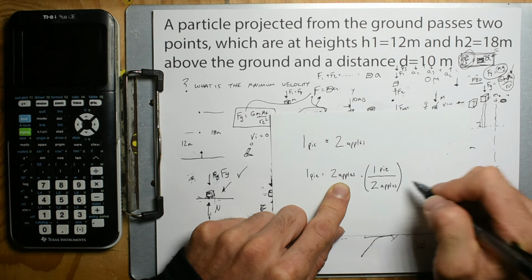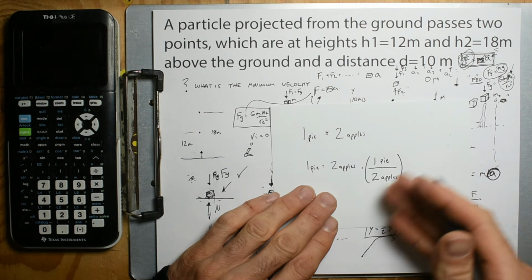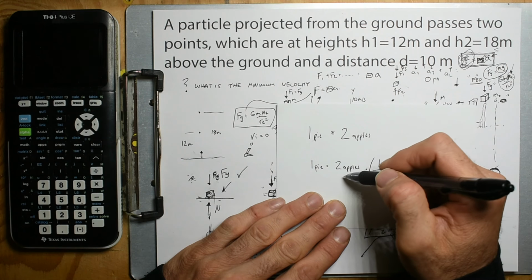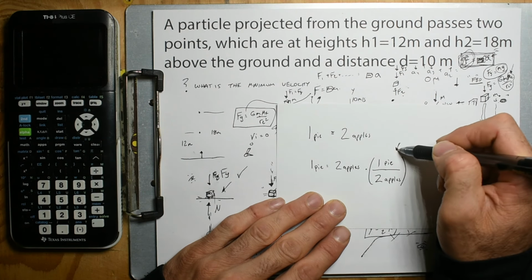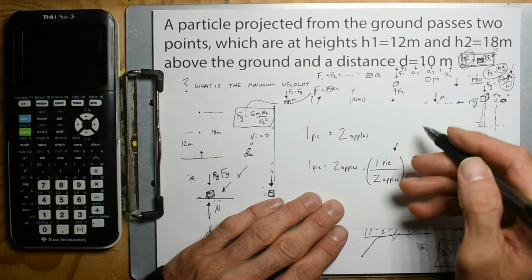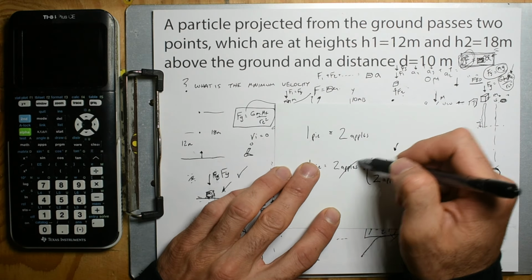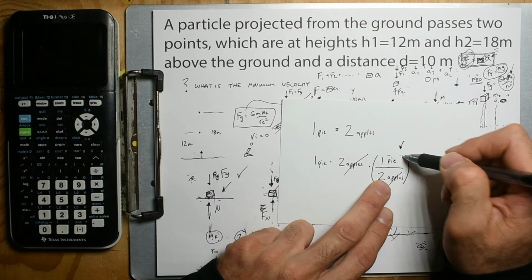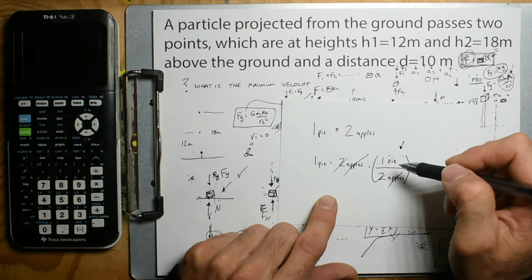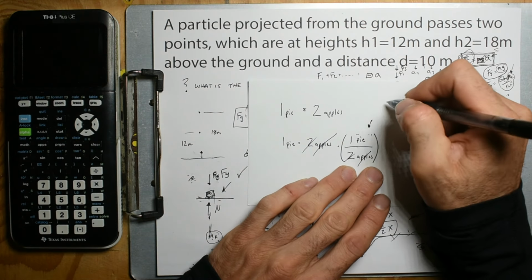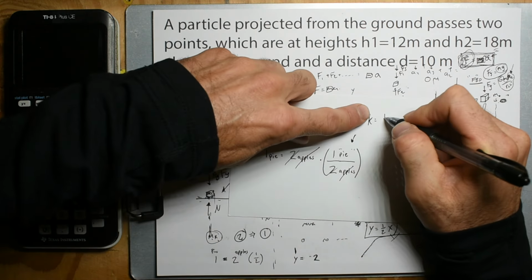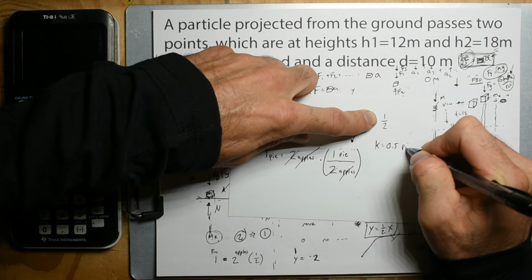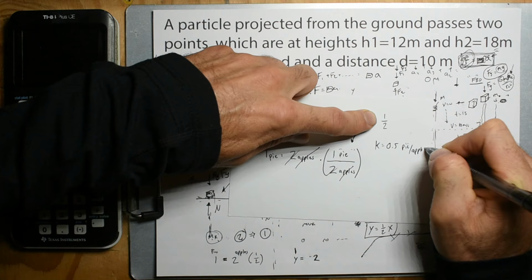I don't know if it's mathematically sound, but this is what the proportionality constant would be, because I need to cancel out these apples, and then I'm left with pies. The 2 cancels the 2, and I'm left with 1. So here, the proportionality constant k would be 1/2, or I would say 0.5 pies per apple.